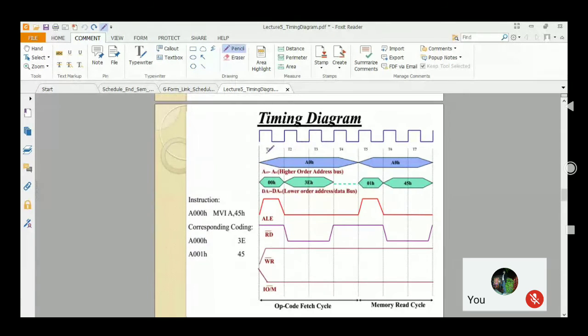If you go and look at the MVI instruction, it will state that the MVI instruction requires, for calculation of time delay, 7 clock cycles: 1 2 3 4 5 6 7.